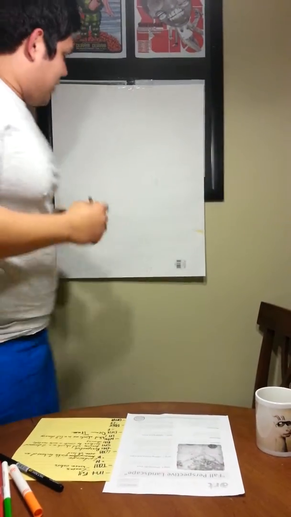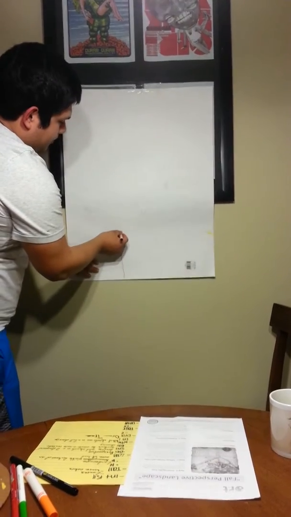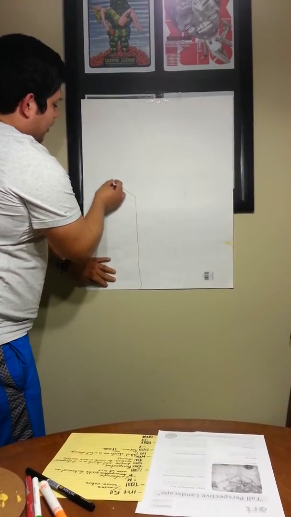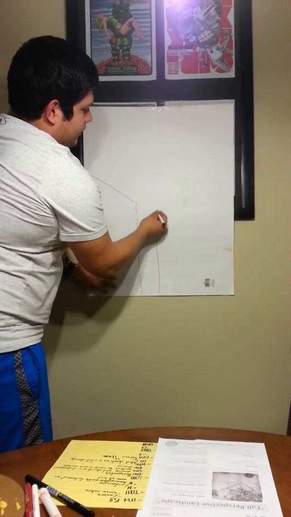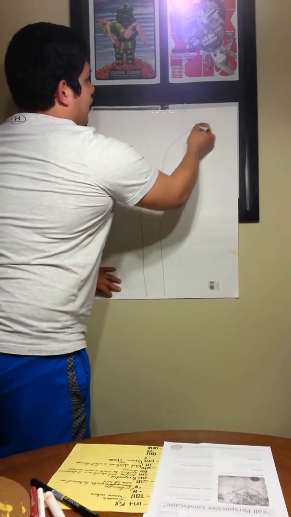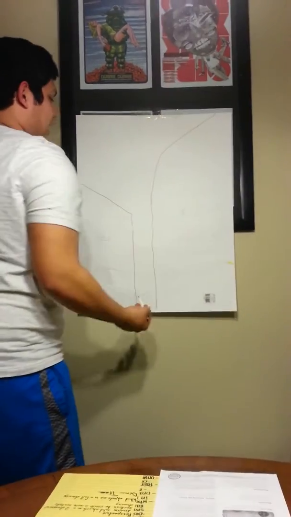When we draw our tree, we're going to want to start at the bottom, and we're going to want to go up in a Y shape. This Y shape is going to give us a good base for our drawing, to allow us to draw in the foreground, the middle ground, and the background.